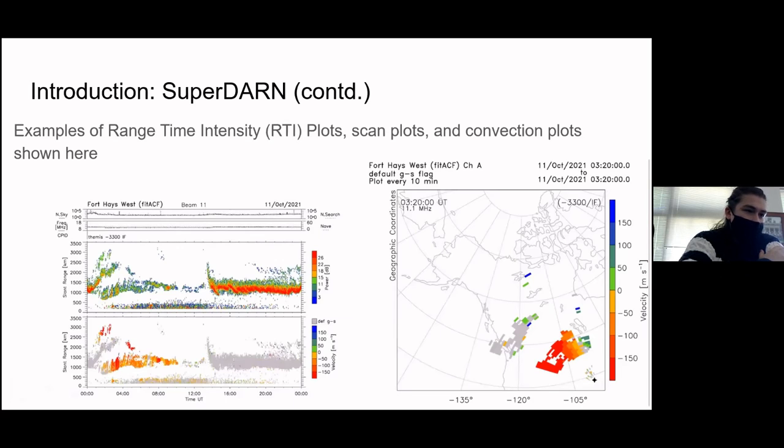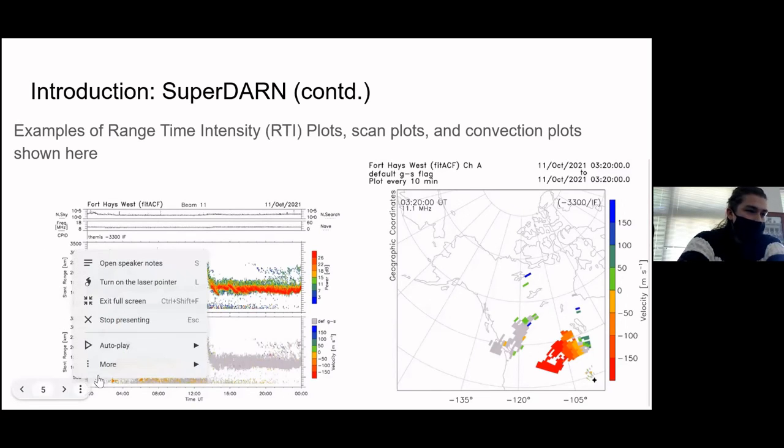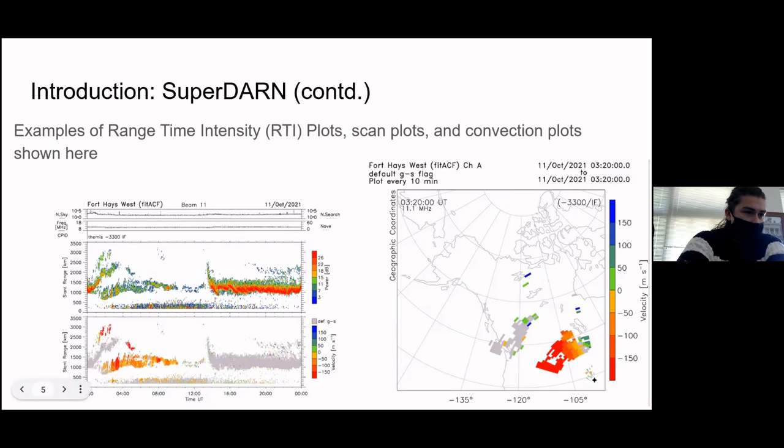And a lot of it is gray, which means it's been identified as having a low velocity, according to various algorithms that SuperDARN has, saying that it is pretty confident this is ground scatter, and the velocity should in fact be 0. So you can see this is not 0; it's like negative 150. So this is significantly different. And so this would be called ionospheric scatter, and then this would be called ground scatter.